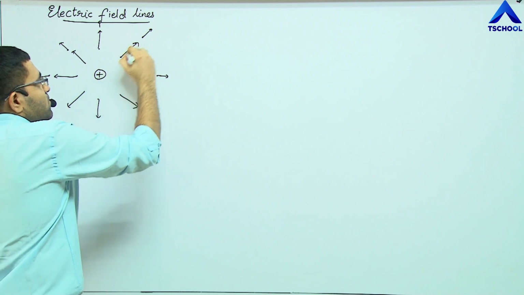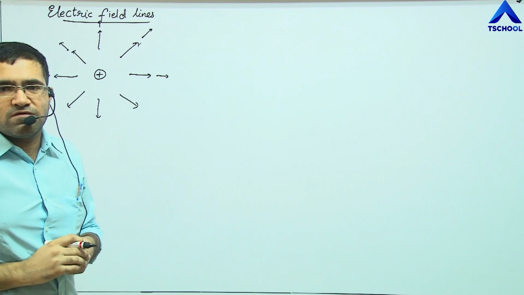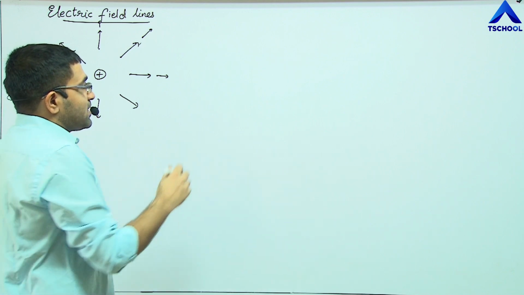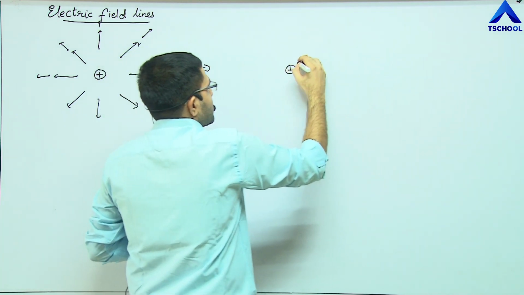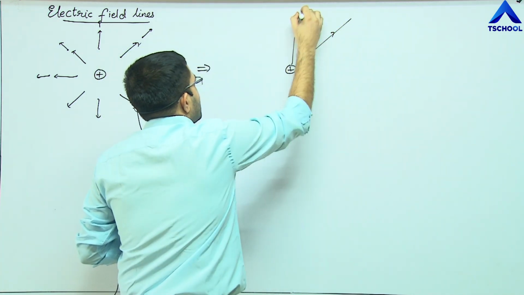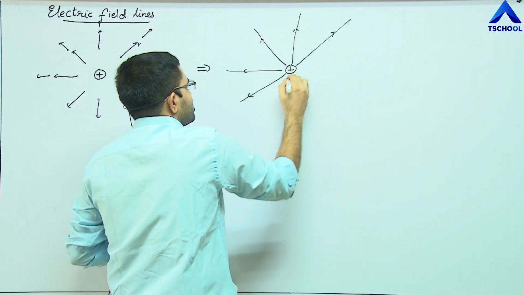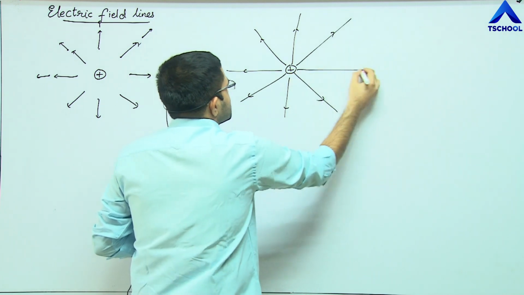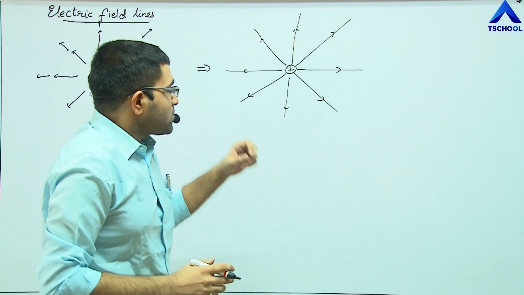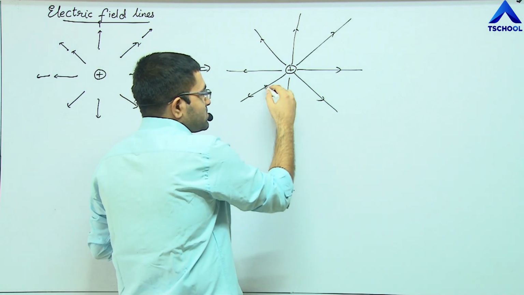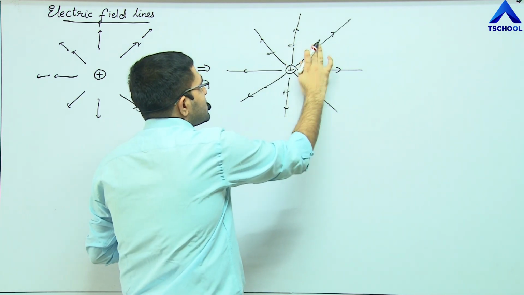Instead of drawing separate vectors like this, which indicate electric field vectors, if we draw a continuous line like I've drawn over here, such a diagram is converted into this one. So obviously, what we have drawn over here, all these are electric field lines.